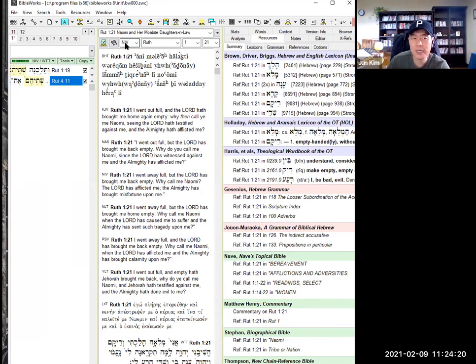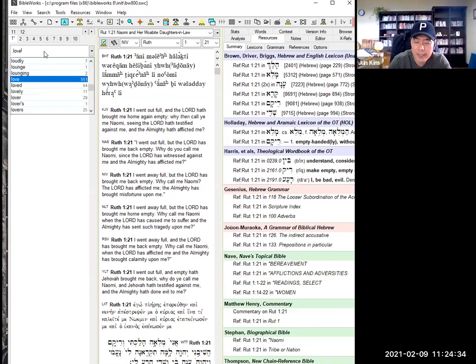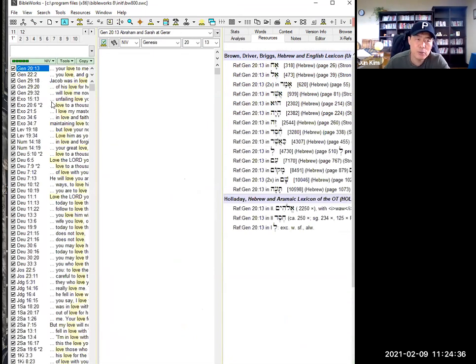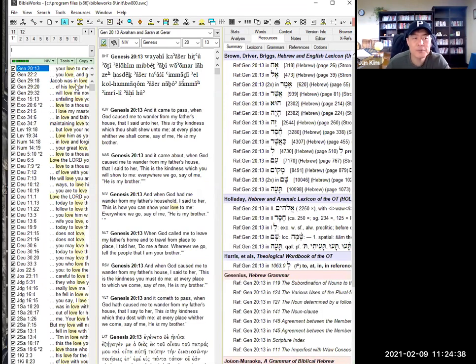So now seeing NIV and you want to search for love, then how do you search the word? Start with comma, period, and then put the searching word. Let's say love, and enter. And then it will show you all references including the word love from NIV.